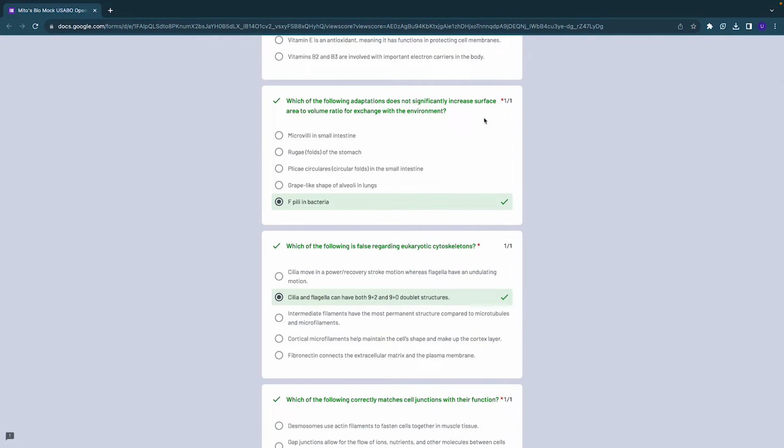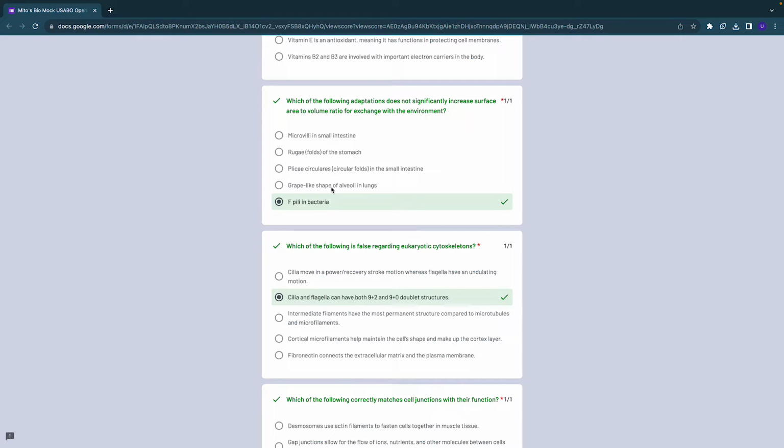So next, asking about surface area adaptations. So basically microvilli help increase surface area for absorbing nutrients from what you eat. Rugae in your stomach also increase surface area by quite a lot. And then plicae circularis, which are circular folds in the small intestine, kind of same story.